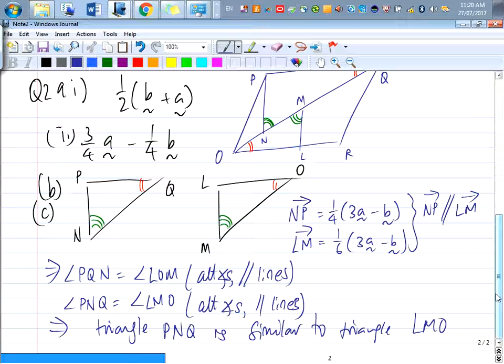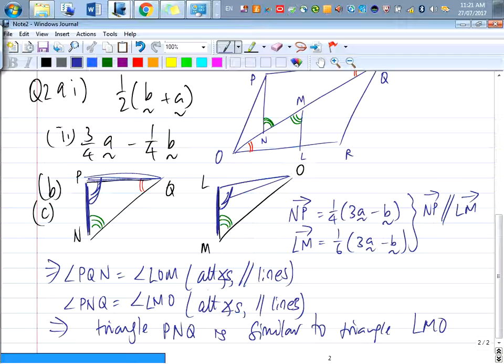Okay, so in your little revision TYS book that's given to you, I think they also call it SAS test for similarity. They are referring to the ratio of the corresponding sides for the S in the SAS test. Meaning, if I want to prove these two triangles are similar, I need to show that the ratio of PN to LM is the same ratio as PQ to LO. That is the S and the S. Then this angle will be the A in between.